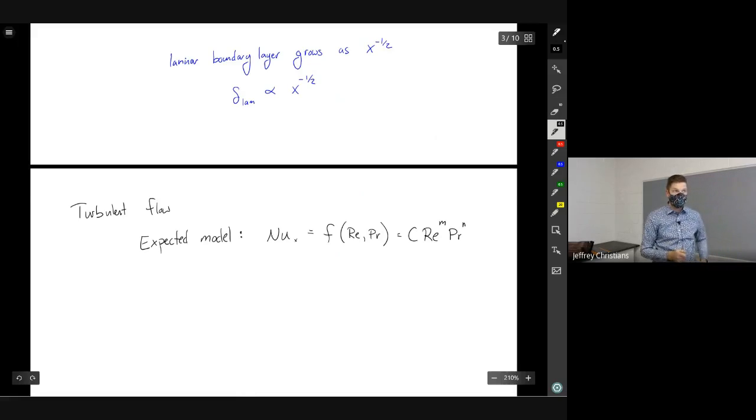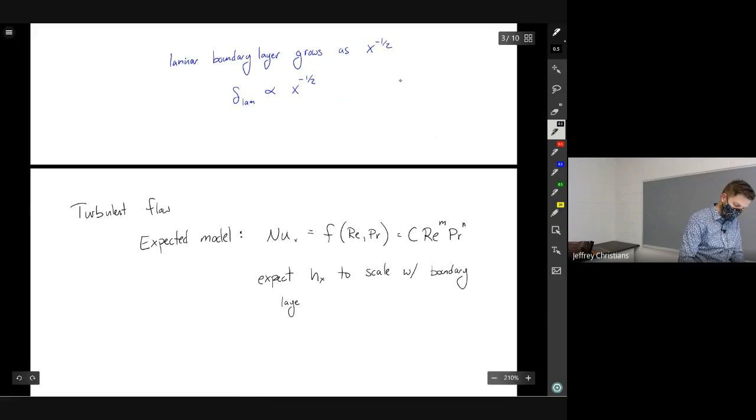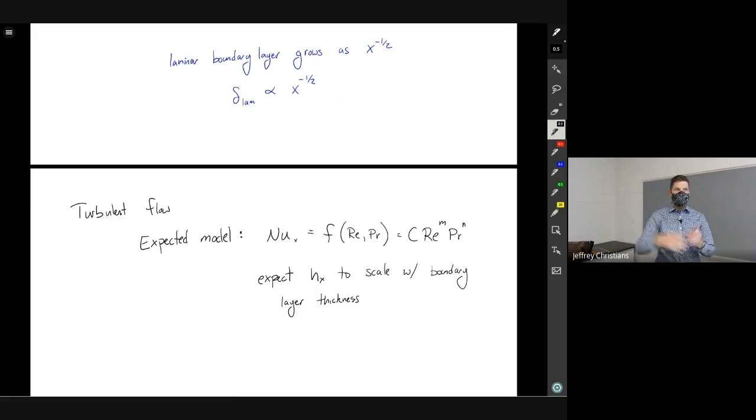We expect it to look similar. And we expect h to scale with boundary layer thickness. So they should be, like they were before, both scaling with x to the minus 1/2. That should be similar.